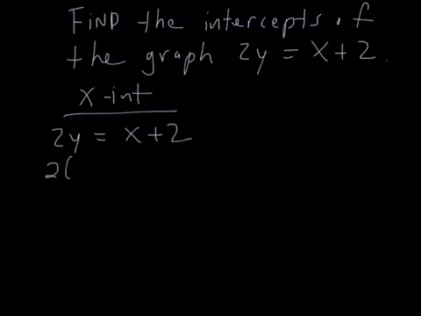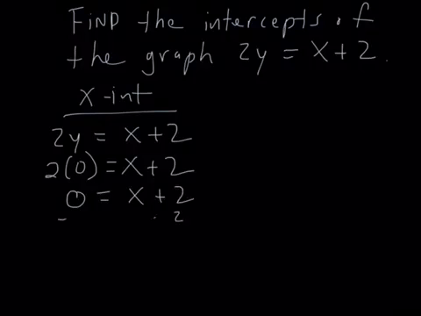So 2 times 0 is 0 equals x plus 2. I'm going to subtract 2 from both sides, and I get x equals negative 2. This is my x-intercept. And remember, the x-intercept happens where the graph crosses the x-axis, therefore my y-coordinate must be 0.